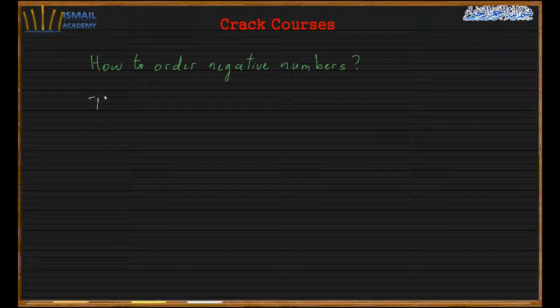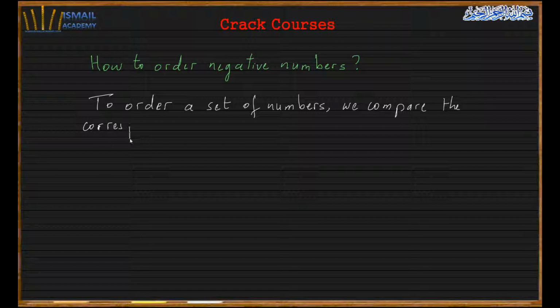So to order a set of numbers, we compare the corresponding place value digits of all the numbers from left to right.